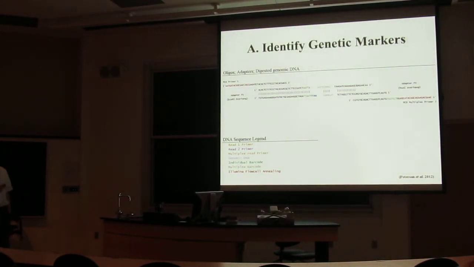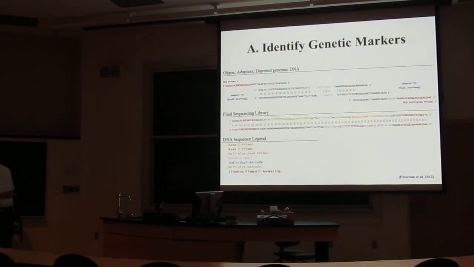I will then use these PCR primers to attach Illumina flow cell annealing sequences as well as a multiplex barcode. And that will produce final sequencing libraries that are like this.